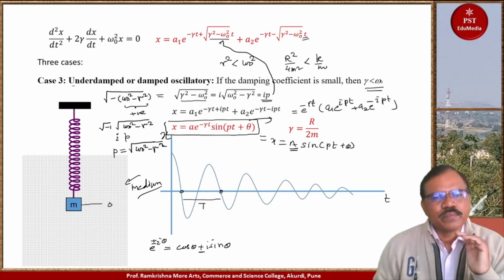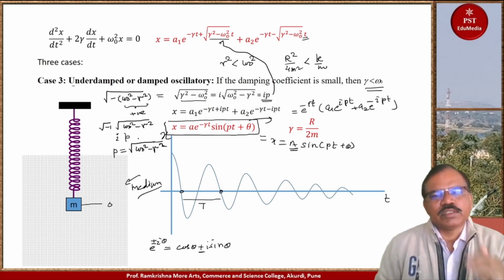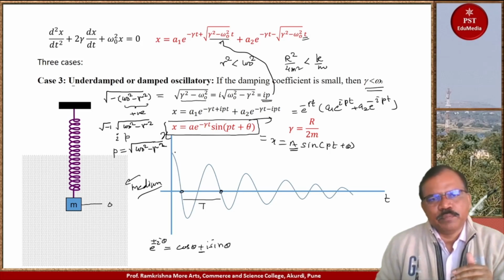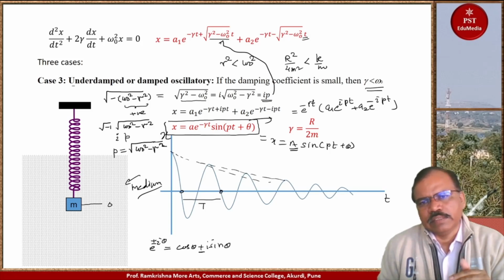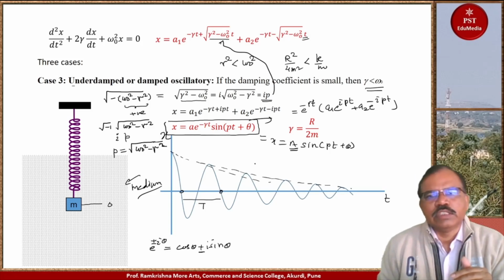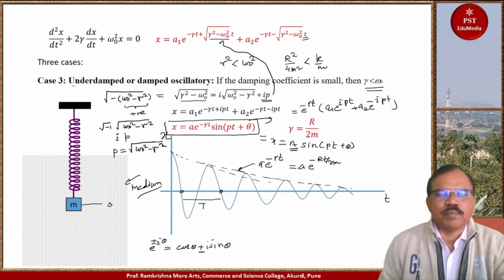Now here the amplitude of oscillations decreases, and if we see this decrease, this peak, it will be equal to a e raised to minus gamma t, or a e raised to minus rt upon 2m, because gamma is r upon 2m. Here a is the initial amplitude.